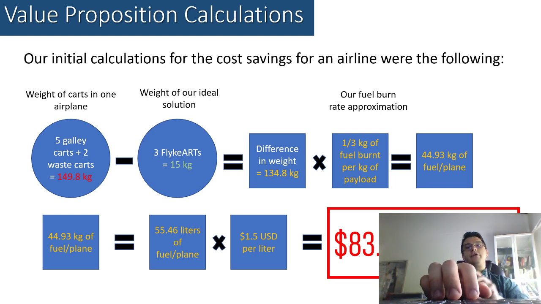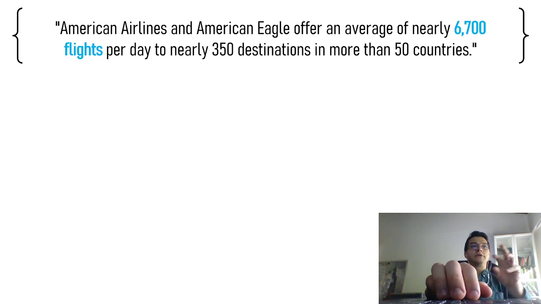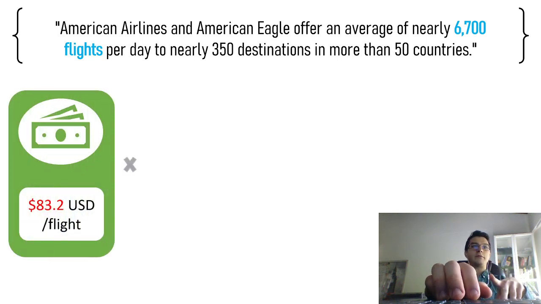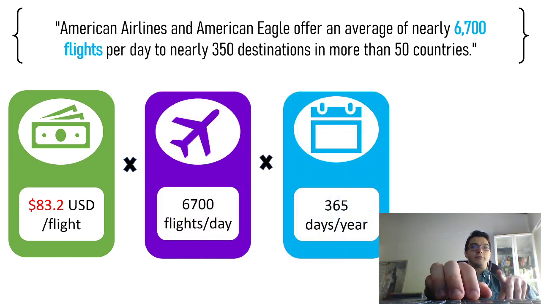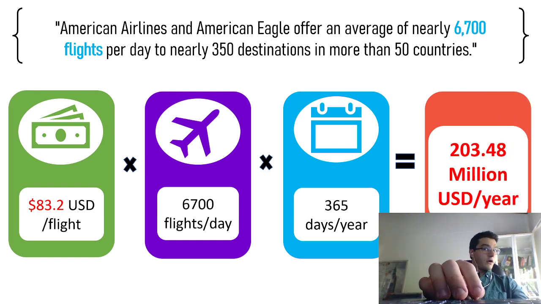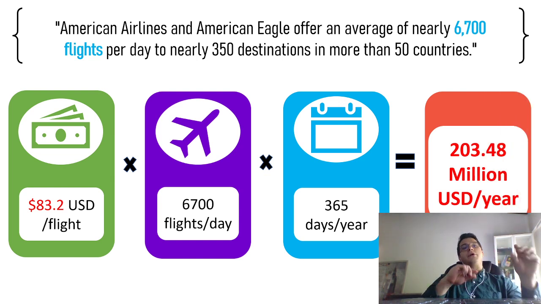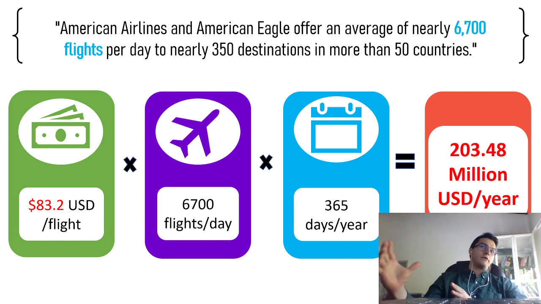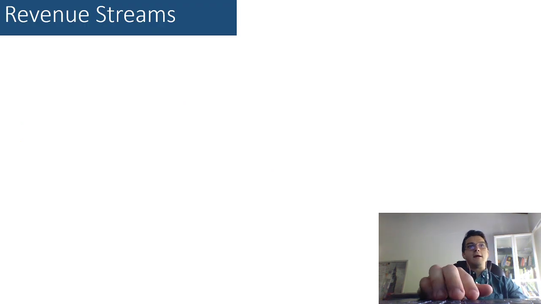Now, even though that doesn't seem like a lot per flight, we looked online and it said that American Airlines operates about 6,700 flights per day. So if we took the cost times the number of flights operated annually, this would be 200 million. So, as you can see here, we knew that a little bit of weight reduction could lead to huge numbers in fuel savings.